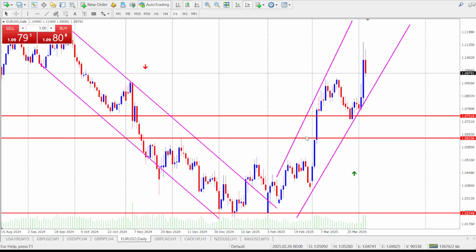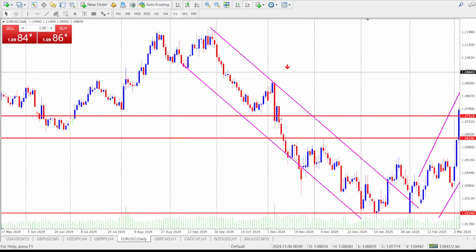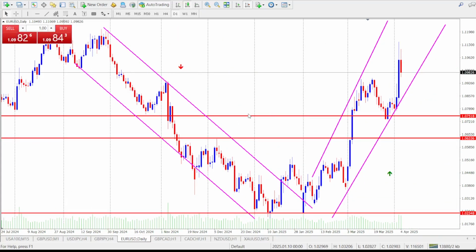It can also be applied to various asset classes, meaning you can use it in different markets whether you are trading Forex, stocks, commodities, or even cryptocurrencies. Now, the ability to adapt to different assets and time frames makes the green volt indicator a versatile tool in your trading toolkit.